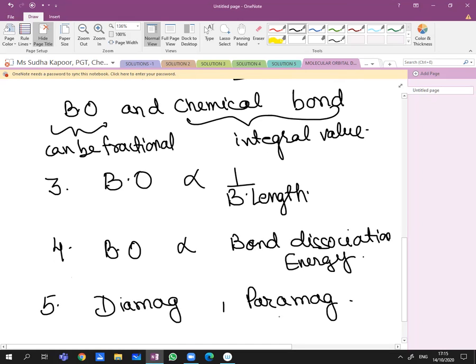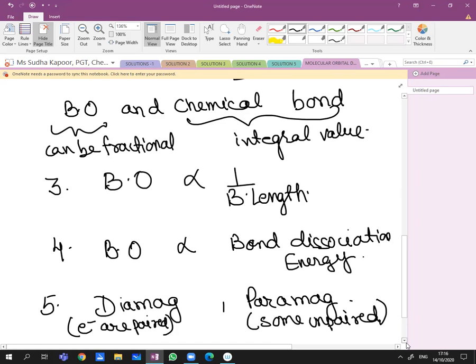We all remember that paramagnetic molecules are those having unpaired electrons. If all the electrons in a molecule exist in pairs, it is considered a diamagnetic molecule. But even if there is a single unpaired electron or some unpaired electrons, it is considered paramagnetic in nature.